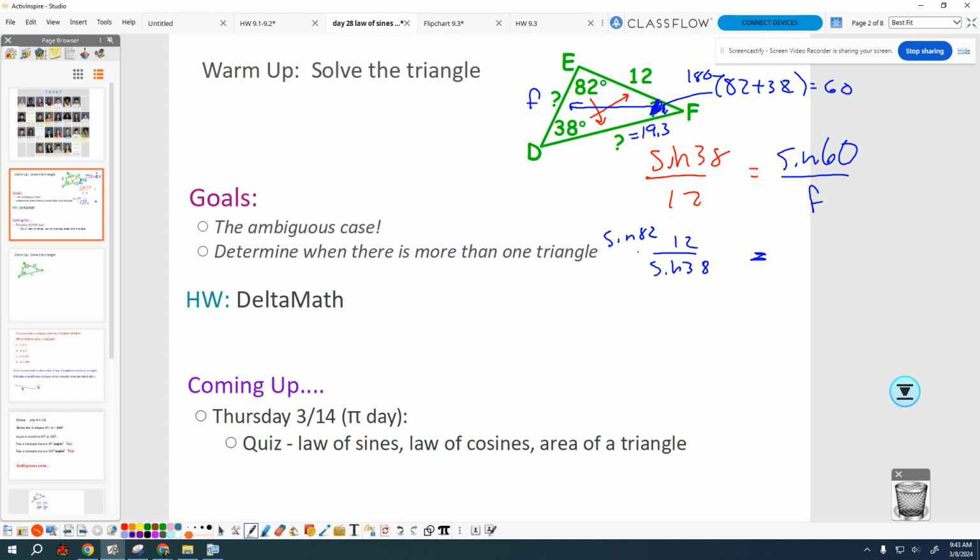And then you guys said flip the whole thing because it's a little bit easier. And then multiply by sine of 60 on both sides.